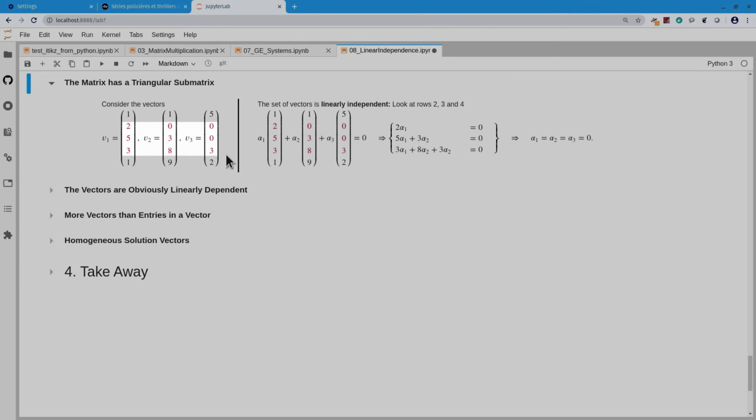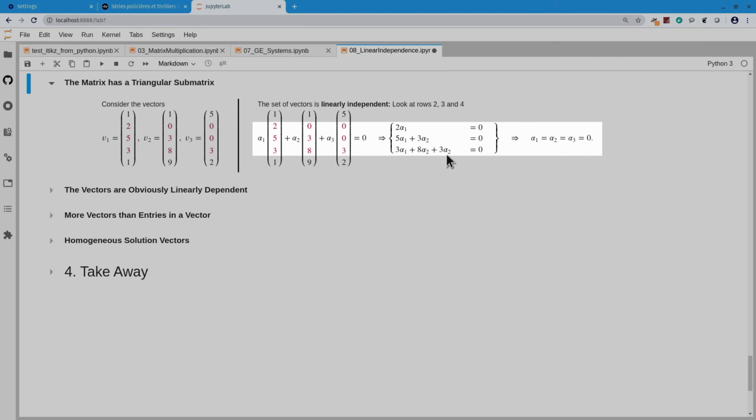So I have a triangular submatrix in my matrix A. When I set up my linear combination of vectors and force it equal to 0, looking at just that submatrix, I see the equations 2 alpha 1 equals 0, 5 alpha 1 plus 3 alpha 2 equals 0, and my third equation. When I try to solve, the first equation says alpha 1 equals 0, so now alpha 1 is gone. That forces alpha 2 equals 0, so now alpha 1 and alpha 2 are equal to 0.